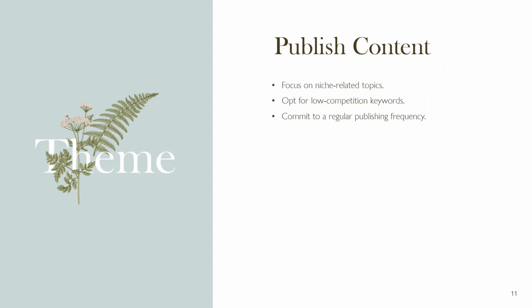And the same thing can be said for content. So you're going to want to publish content, lots of it, and you're going to want to focus on niche related topics. So anything related to the niche that you go after. It goes without saying really, but you want to opt for low competition keywords so that you can rank in Google and get the traffic you are looking for. And you want to commit to a regular publishing frequency.